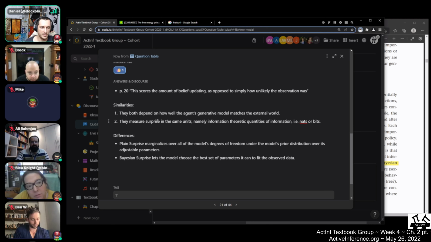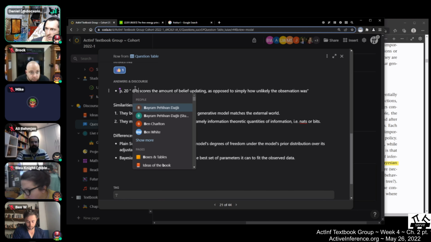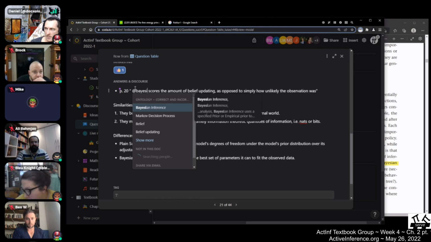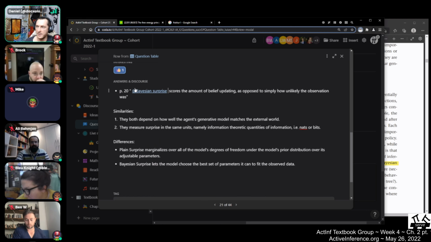Okay, we'll see what has been said and then hear what other people are thinking. On page 20, they wrote that Bayesian surprise scores the amount of belief updating, as opposed to surprise, which is simply how unlikely or likely that observation was.